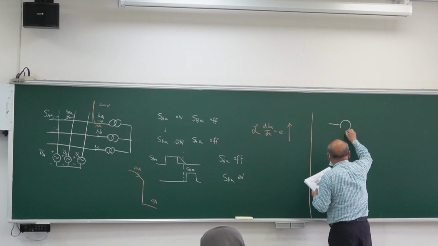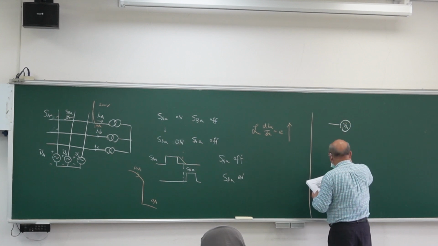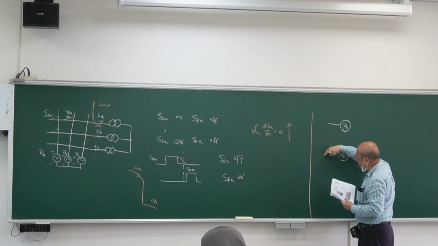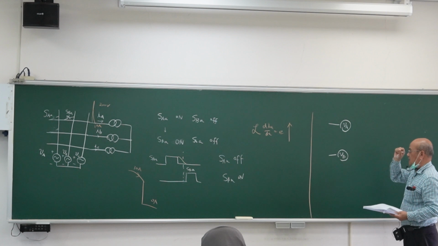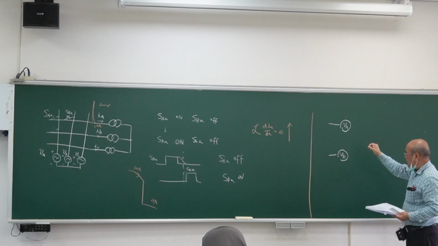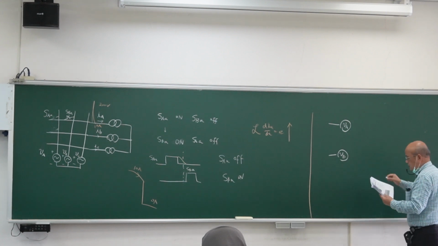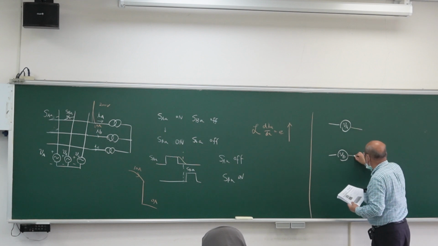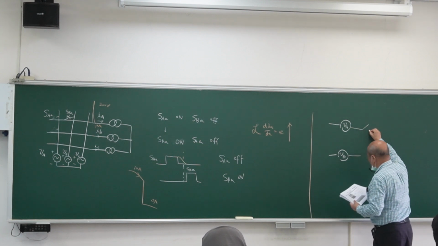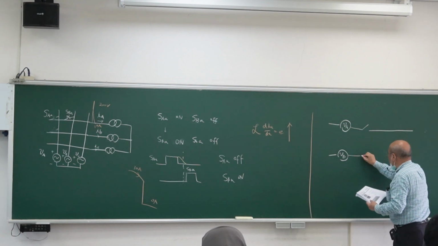We have A phase. We have B phase. We want to transfer from A to B. So first, A turns off, then B turns on. Then we have switch. We have switch.